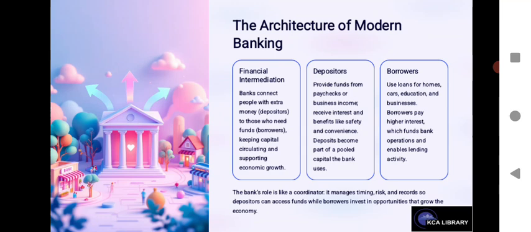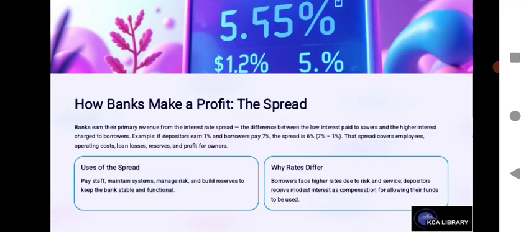Common examples include mortgages for homes, loans for cars or education, and business loans for equipment, expansion, or even hiring more employees. Borrowers pay interest on loans. This interest is usually higher than what depositors earn. So the bank's role is like a coordinator. It connects depositors to borrowers.